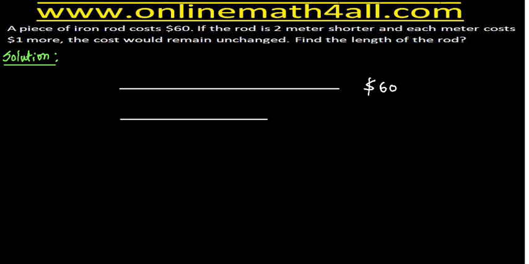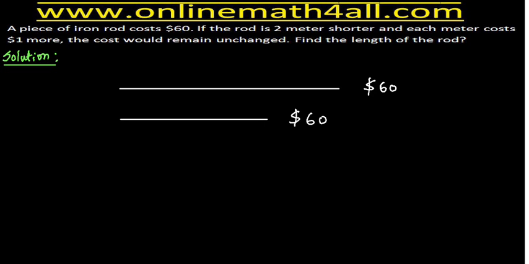So the total cost of the rod would be the same for the first one and for the second one, 2 meters shorter. So for the second one also the total cost is $60. The reason is here each meter costs $1 more, I mean for the second rod, which is 2 meters shorter.